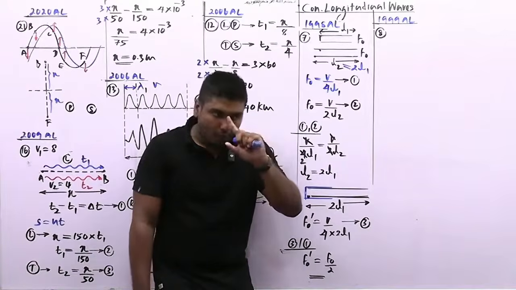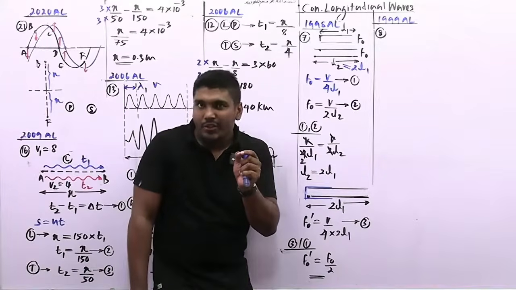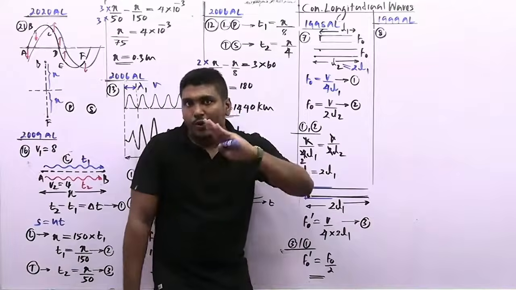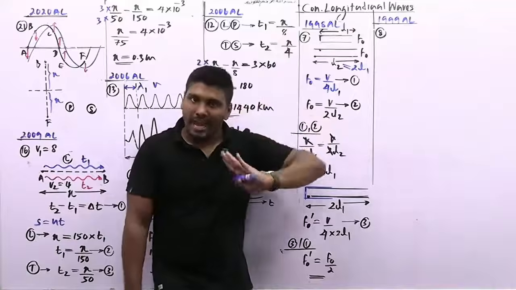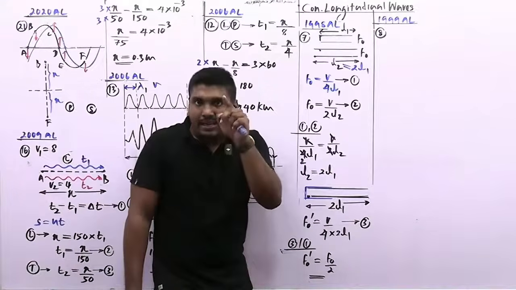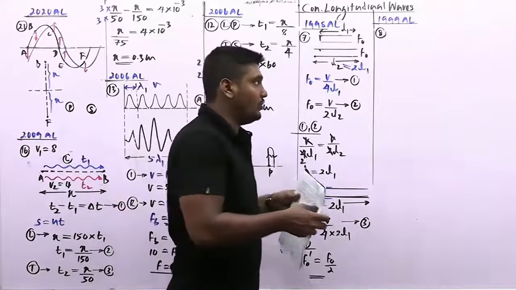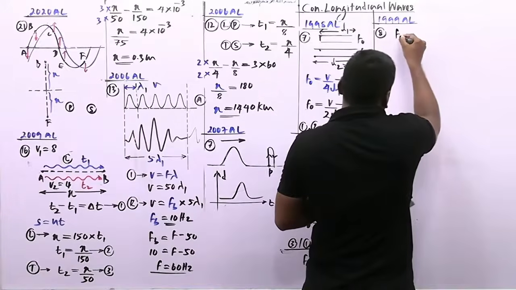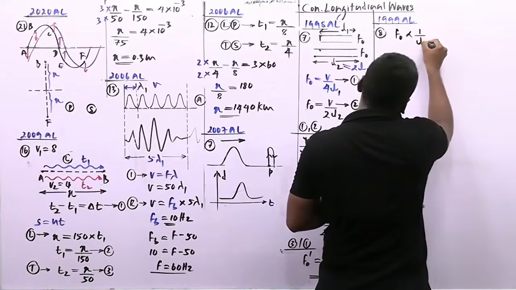If both pipes are open at both ends, F naught equals V over 2L. In both scenarios, both pipes are of the same type, therefore the fundamental frequency is directly proportional to 1 over the length of the tube. You can directly use that logic.